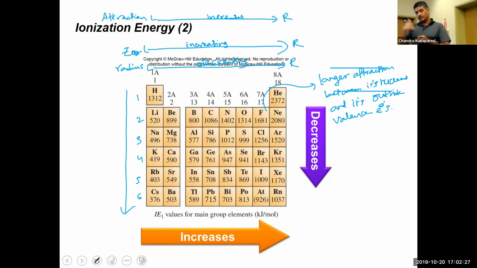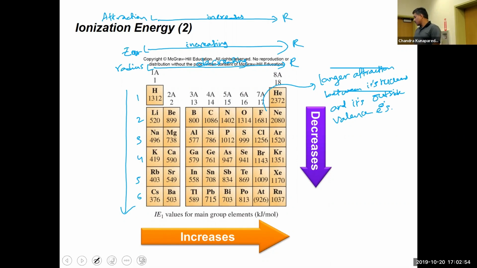Because it is easier to remove, you apply a lot less energy. One thing that throws our students here is that numbers get smaller, but we are saying easier. If you need to apply more ionization energy, that atom is smaller in radius, or you can find it at the top of the periodic table compared to the rest of the elements.